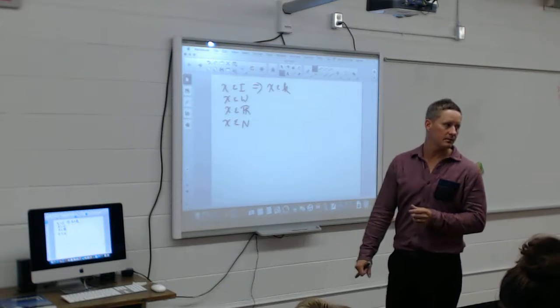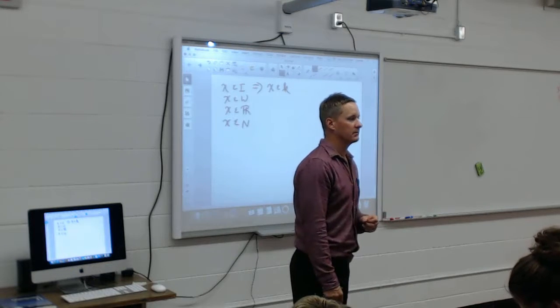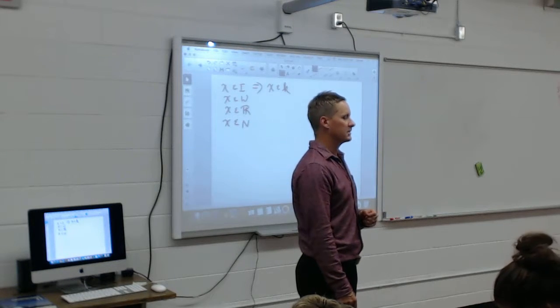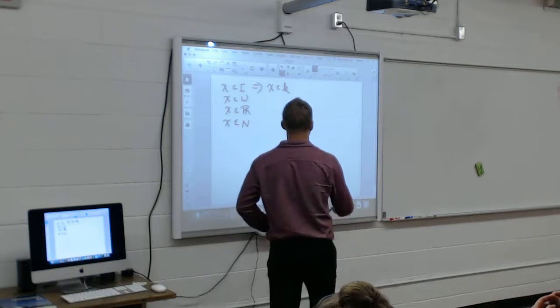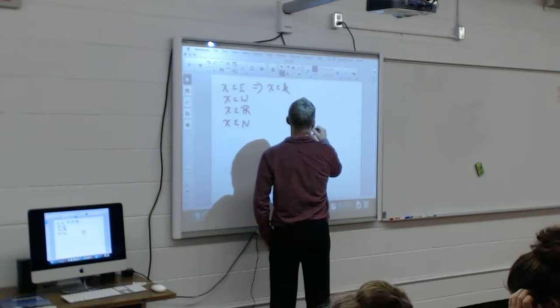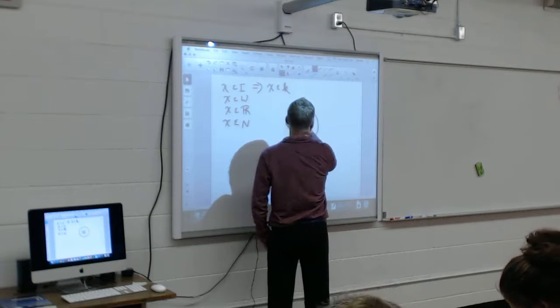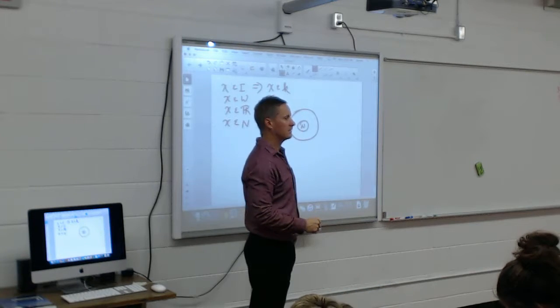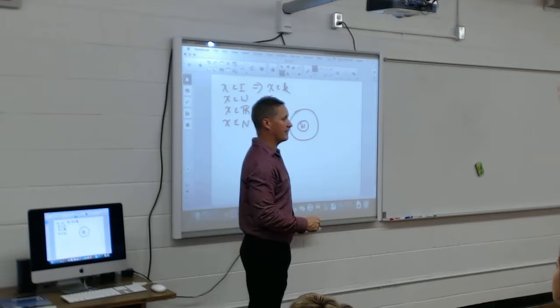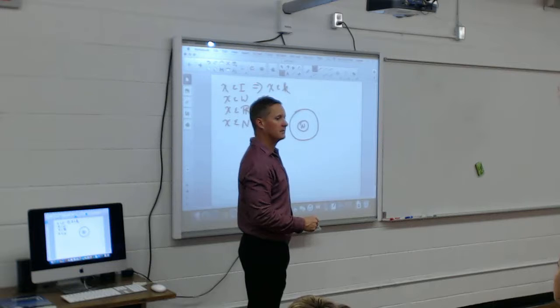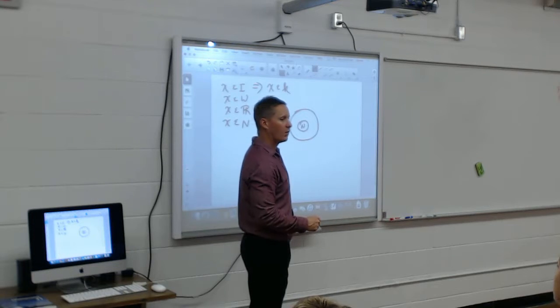Well, X is an element of all reals. That's the biggest, that's the largest. So what's the smallest? Natural. Okay, so it looks like this. Natural numbers, and then what? Integers, or wholes? Whole numbers.